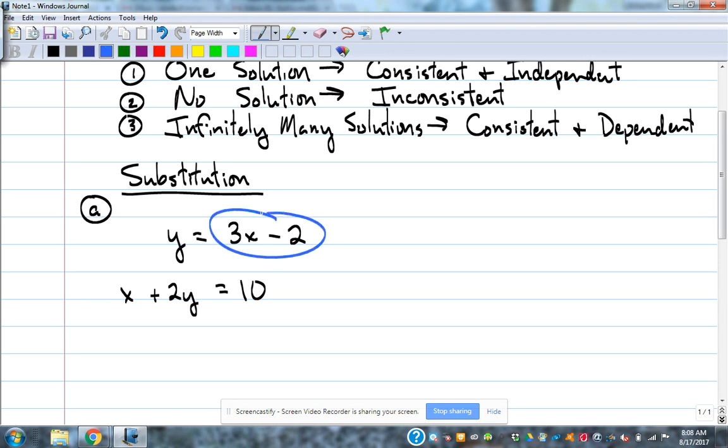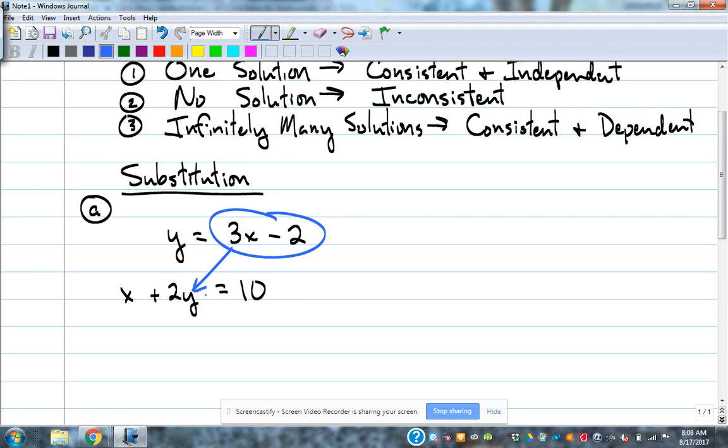So I could take that 3x minus 2 and substitute that for what? Not x and y, but y in the bottom, because it says that y equals that. So that means that I can replace any y that I see in the other equation with this.